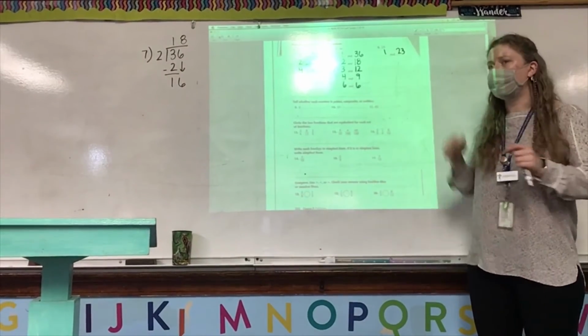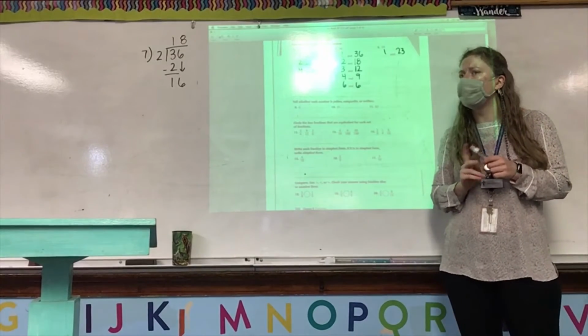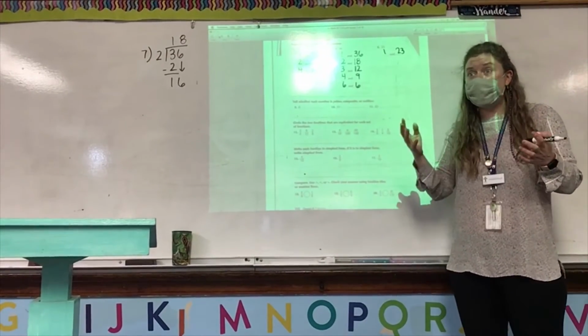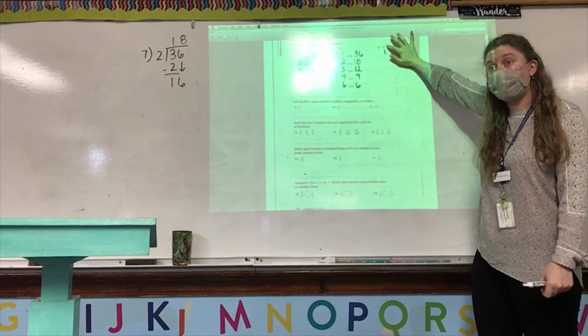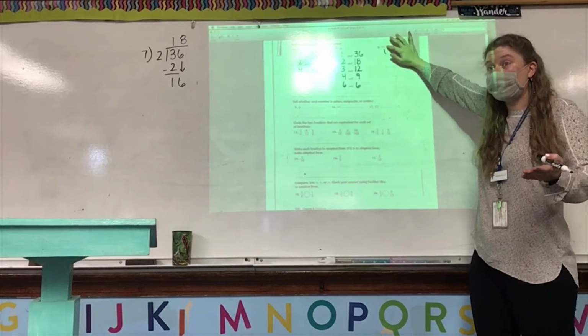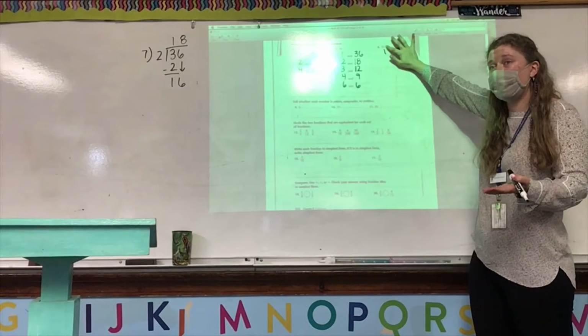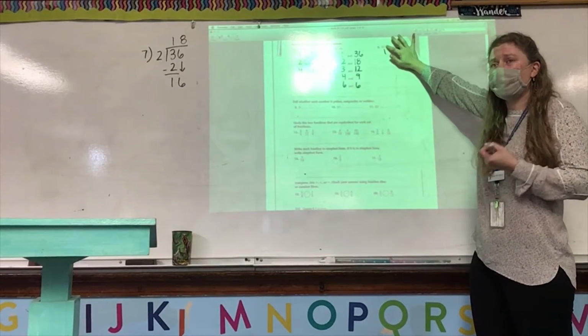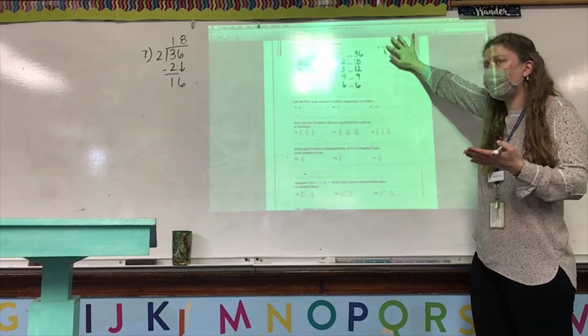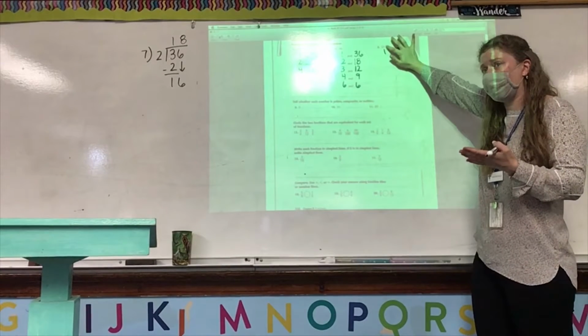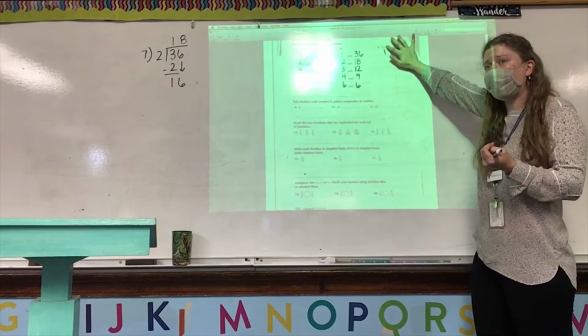Now let's think of 3. What's 3 times 12? 36. That's bigger than 23, right? So that means we can think, is there a basic fact with 3 that equals 23, or is it not a factor? It's not a factor. Same with 4. Is there a basic fact with 4 that equals 23, or is it not a factor? It's not a factor. What about 5?